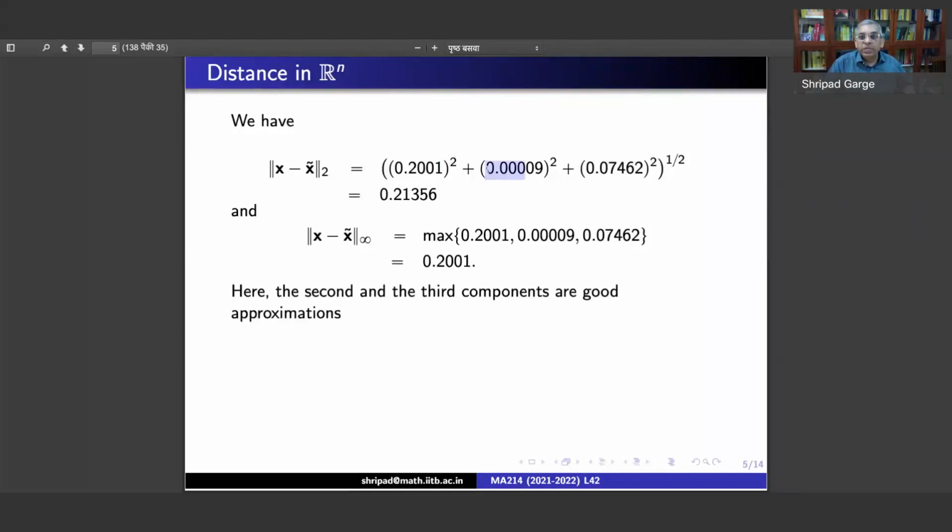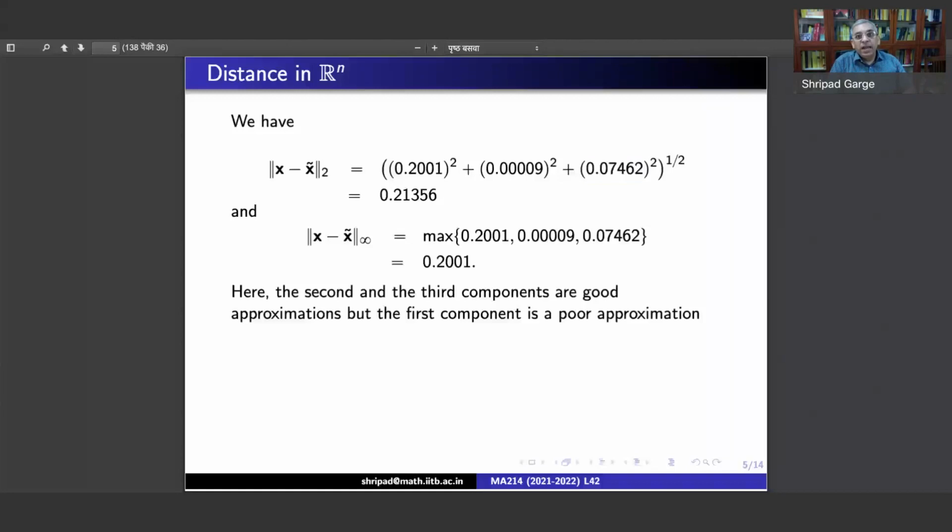Now if you were looking at these solutions component wise, then you would notice that the second and third, in fact the second component is a very good approximation. You had the correct solution for the first 4 digits, and even in the third component you had it correct for the first decimal digit. Okay, but your first component is a very poor approximation and that has dominated.